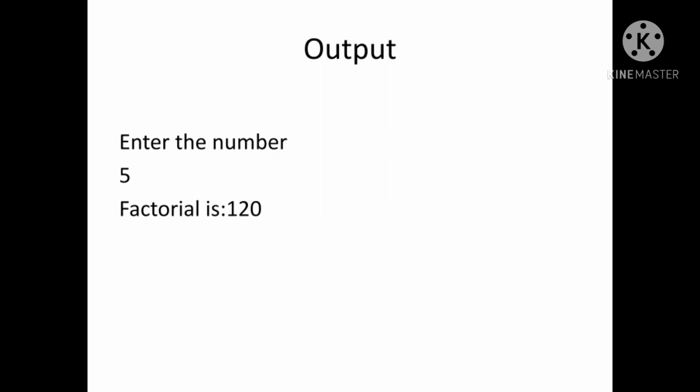So 6 is multiplied with the next number, that is 4. So 6 into 4 is 24. Now 24 will get multiplied with the next number, that is 5. 24 into 5 is 120. So we are getting the output of factorial as 120.